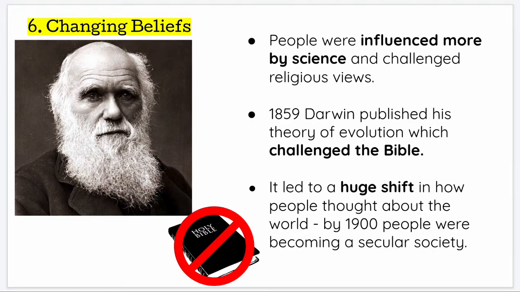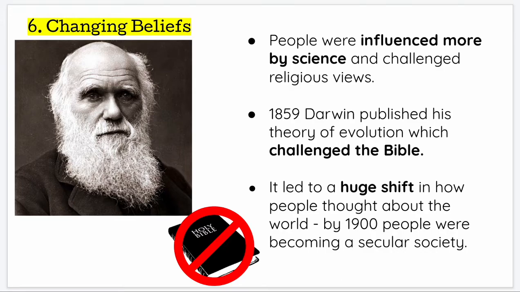Right, this is a really important one. So this is the changing beliefs of the time. In the period 1750 to 1900, many people were influenced by new scientific thinking, which challenged religious views. So in 1859, the man in this photograph that you might recognise is Charles Darwin.